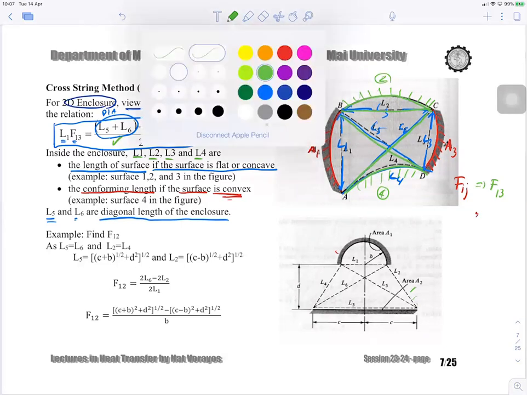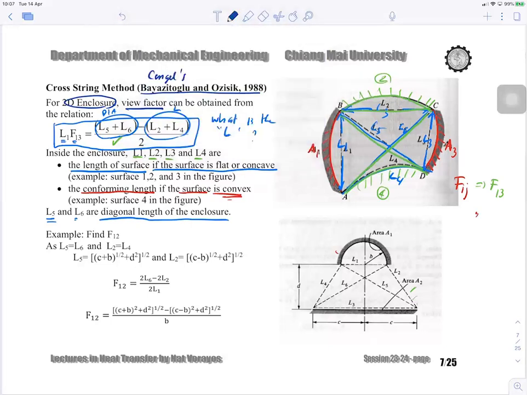Then I'm going to give you an example. This is area 1. Okay, this is area 2. And you want to find F12.